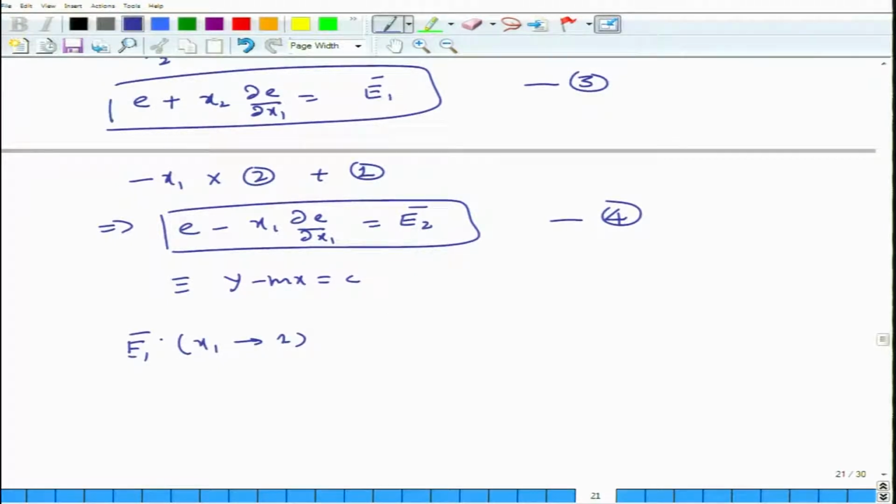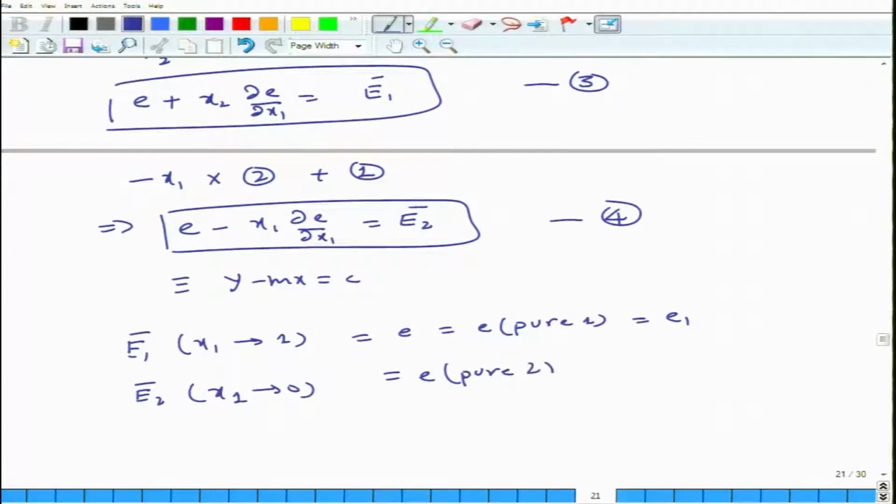So, E1 bar in that case would be nothing but E, because of course this is also true from equation 3, and this E would be your E of pure 1. Similarly, E for pure 2.